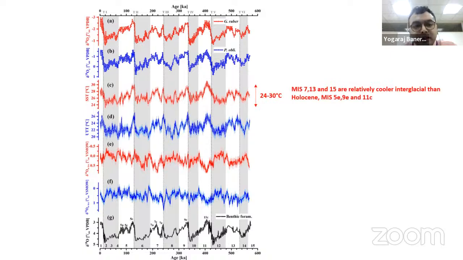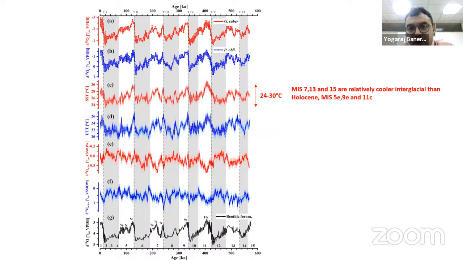So what we can see, if we focus on panel C, is that SST variability during this entire time period ranged from 24 to 30 degrees Celsius.